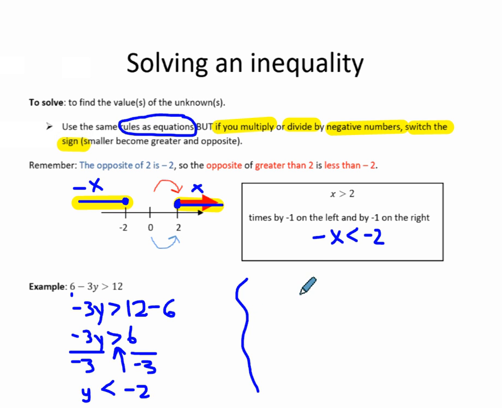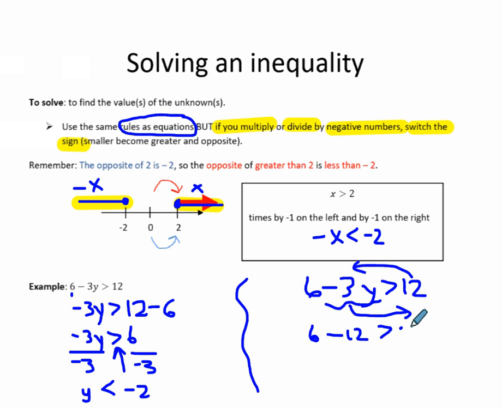The other way, if you have 6 minus 3y is greater than 12, you can decide to take this expression, your minus 3y, and send it to the other side. Take your 12 and send it to the other side. So you're going to have 6 minus 12 is greater than 3y.